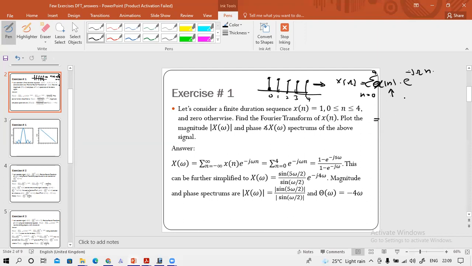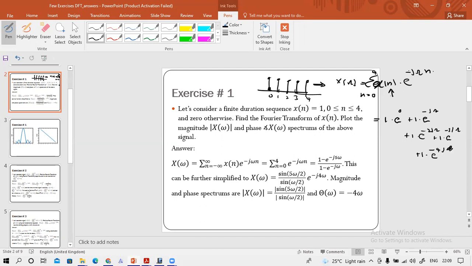You have e to the power 0, plus 1 e to the power minus j omega, plus 1 e to the power minus 2j omega, plus 1 e to the power minus 3j omega, plus 1 e to the power minus 4j omega.